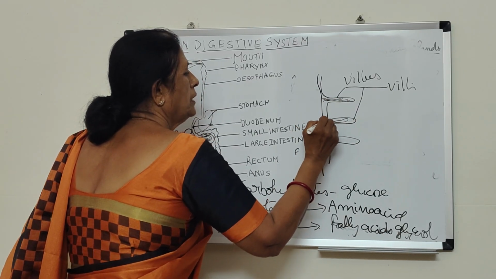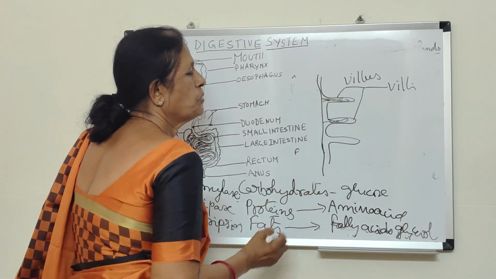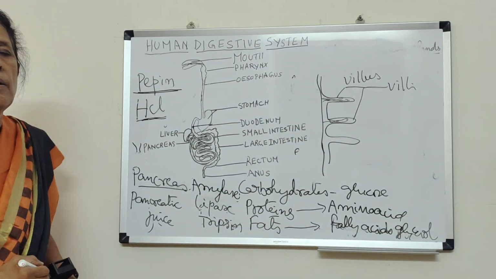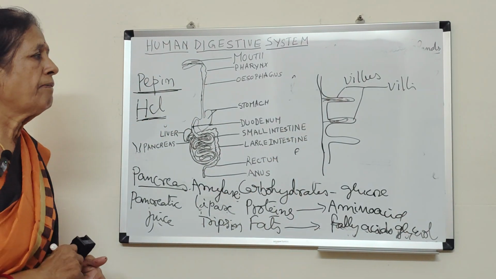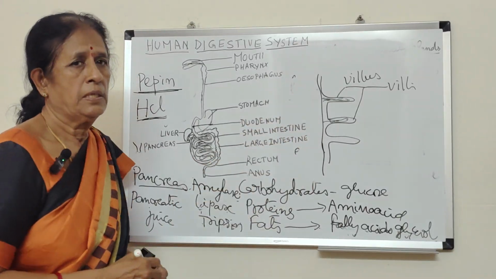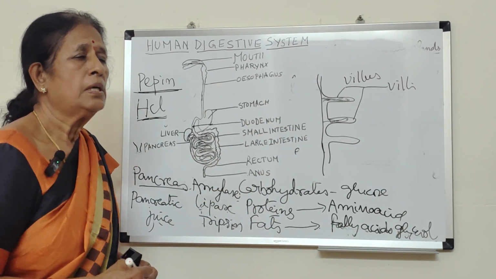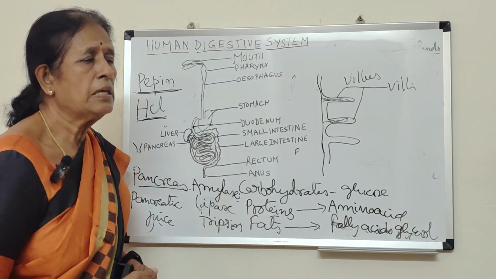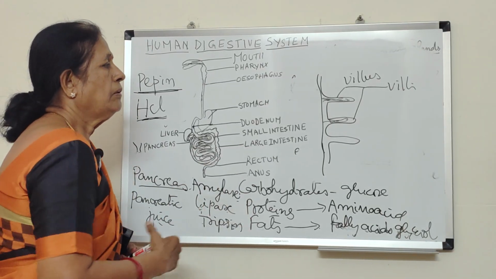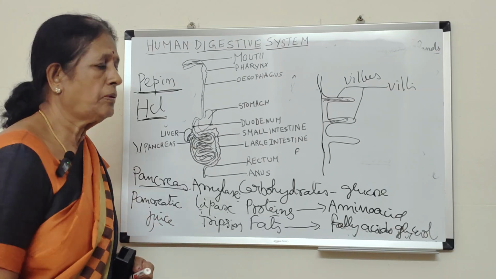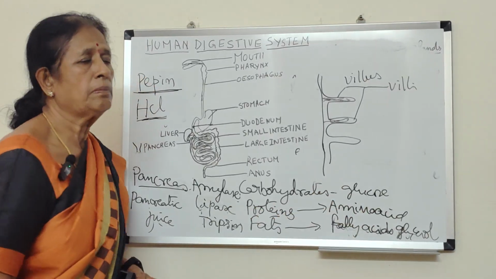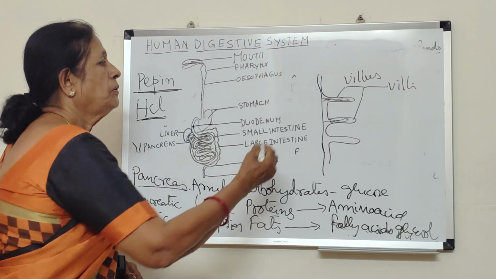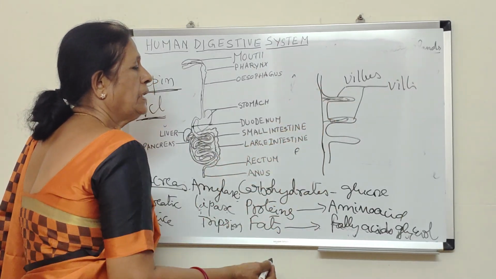What is the use of these finger-like projections? These villi increase the surface area of absorption. The food gets completely digested in the small intestine, and the end products of digestion have to be absorbed by the walls of the intestine.